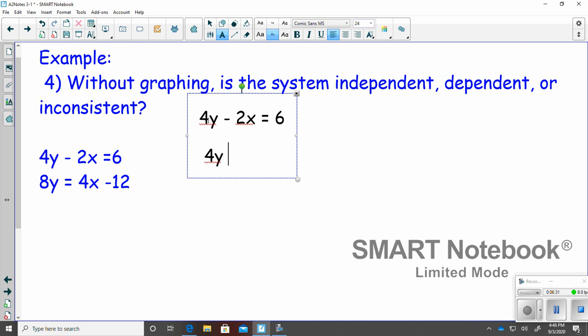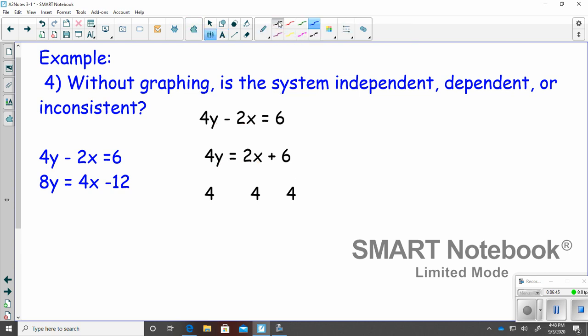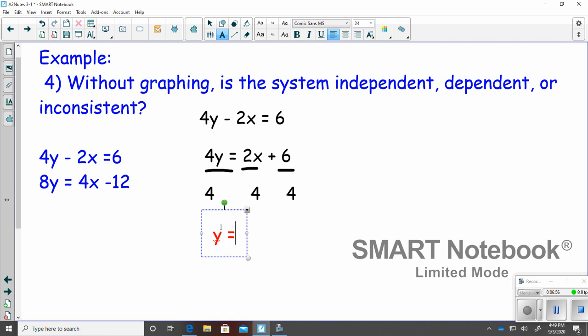Okay, so the first one, I'm going to get 4y is equal to 2x, and then plus 6. I'm going to divide by 4, and then I'm going to simplify to get y is equal to 2/4, which is 1/2, and 6/4 is better known as 3/2.